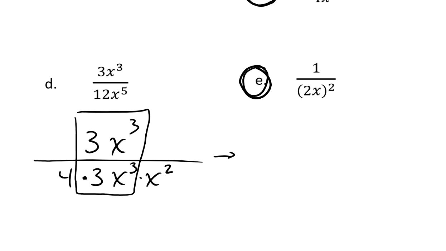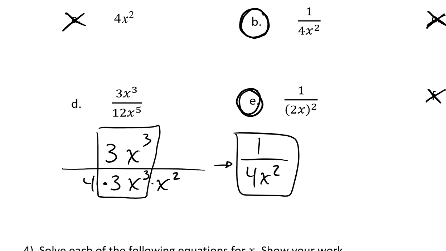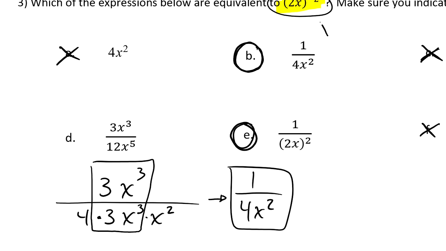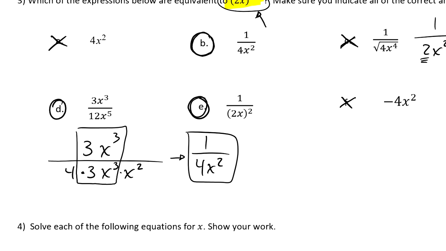What that leaves me is in the numerator the number 1, and in the denominator 4x squared. So D is clearly the same as both B and E, and the same as the original expression. So D is correct also. You should have identified B, E, and D as expressions that were equivalent to (2x), the quantity of 2x raised to the negative second power.